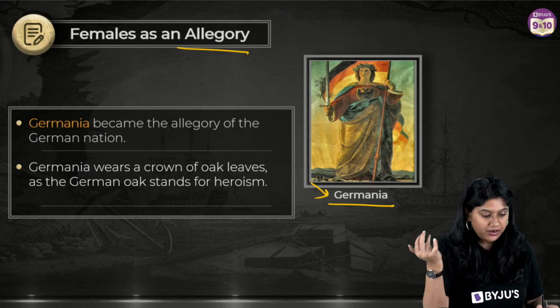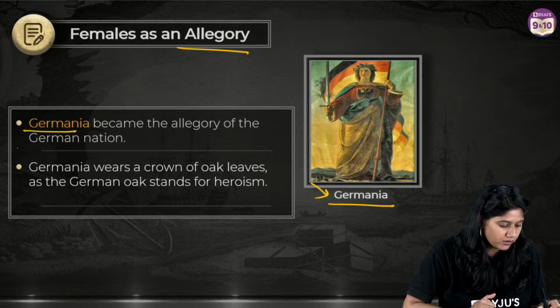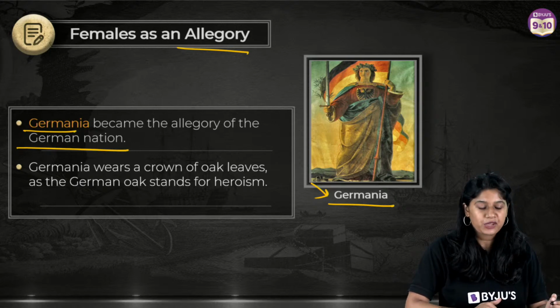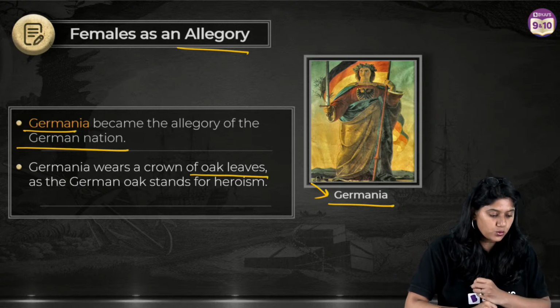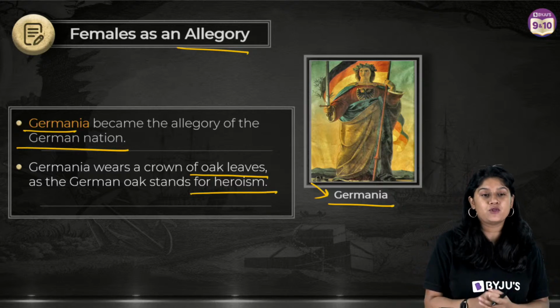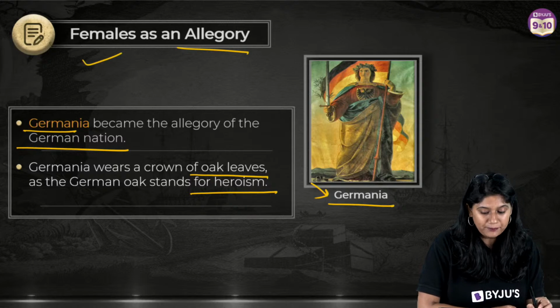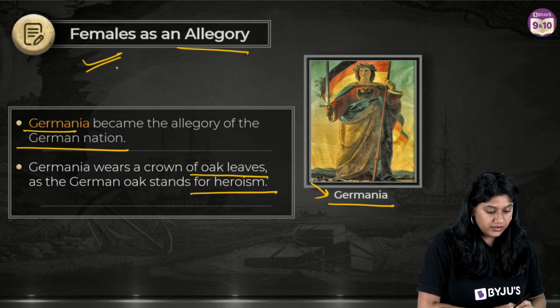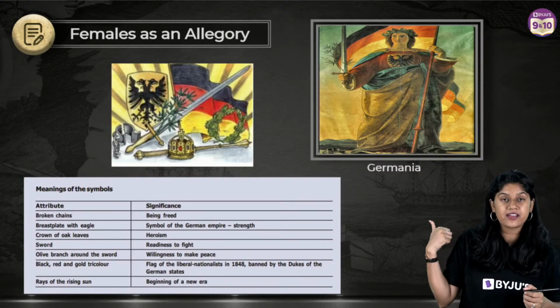Now, over here, again, this becomes a very important figure for the German nation. She used to wear oak leaves, which is a symbol of heroism, super strength, heroic powers. So this is all about the allegory that we have. And of course, this is there in your textbook.